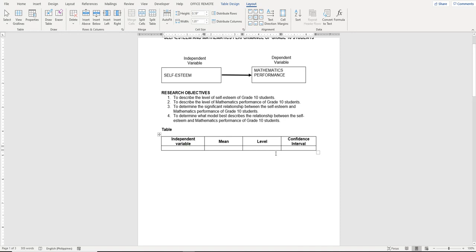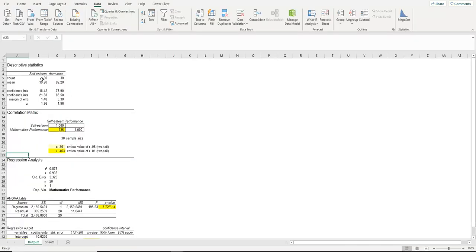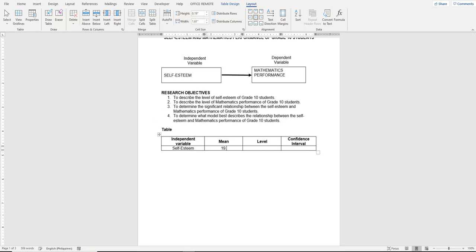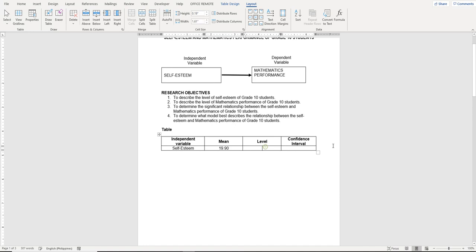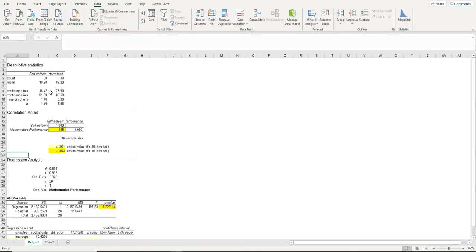So the variable is self-esteem. The mean, as you can see here, is 19.9. The level for the 19.9 is high. And the confidence interval we have is 18.42 to 21.38.